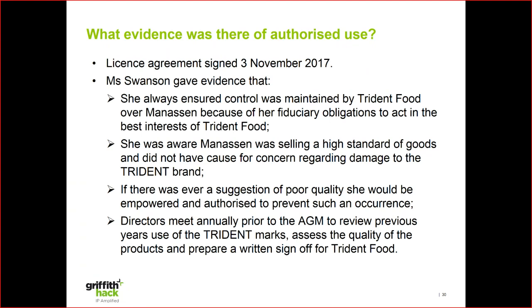Because of her position as director on both companies, she could see whether or not Madison Foods was selling goods of a high standard, and if there was any concern about the use of the mark or the goods not being of appropriate standard, then she would have intervened.